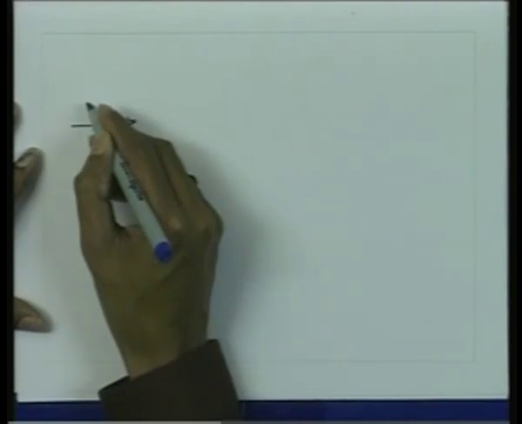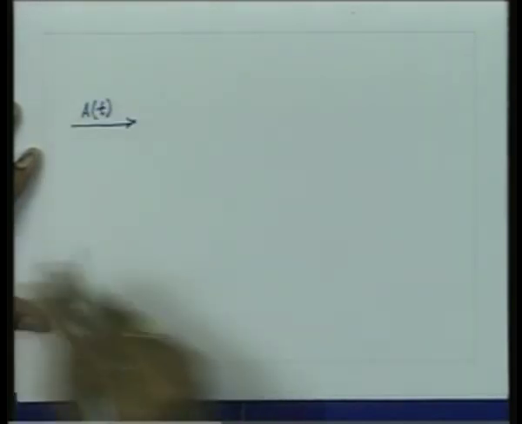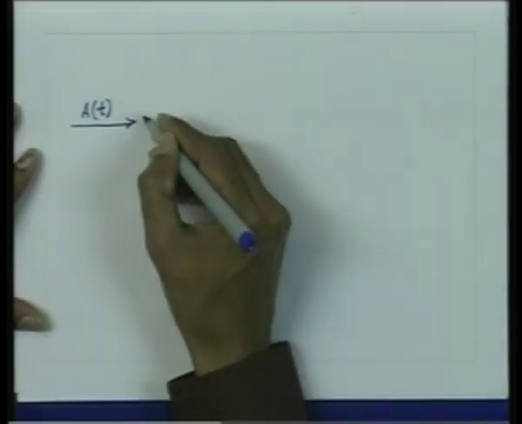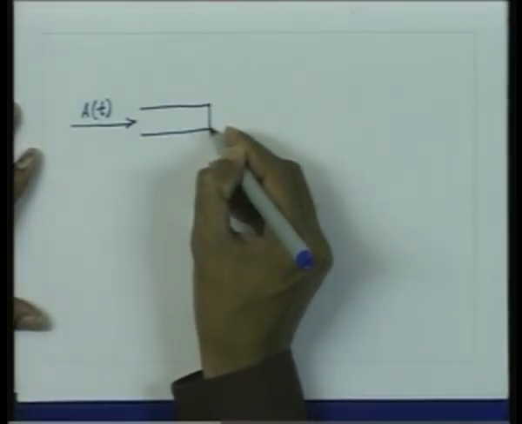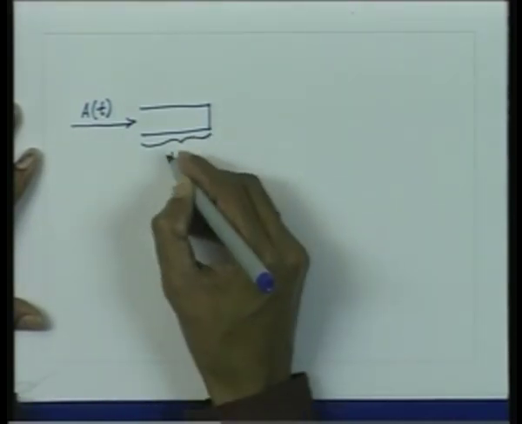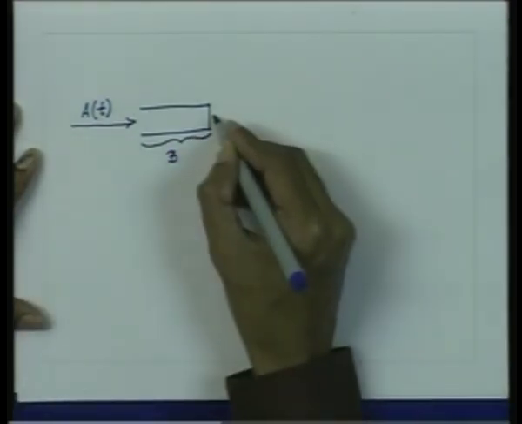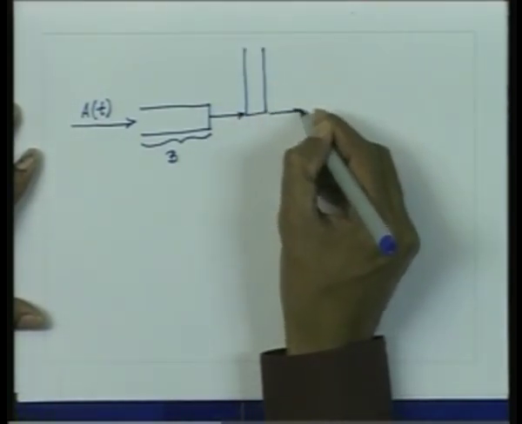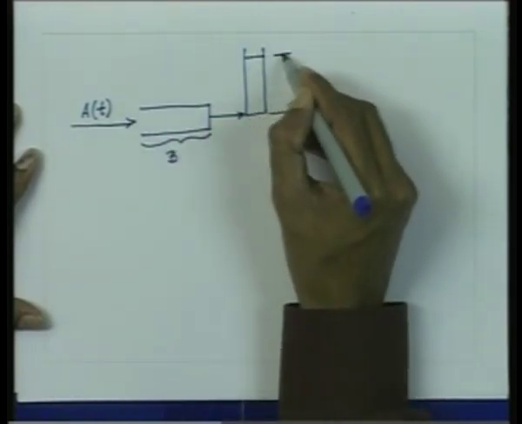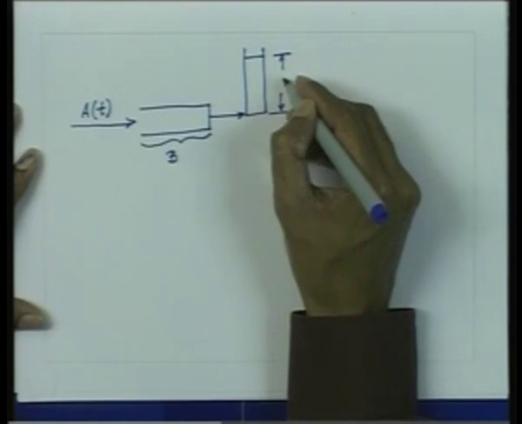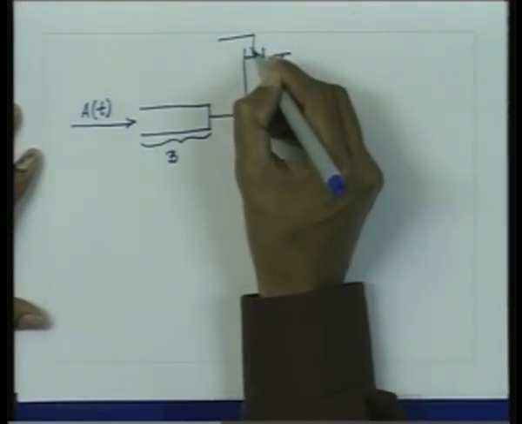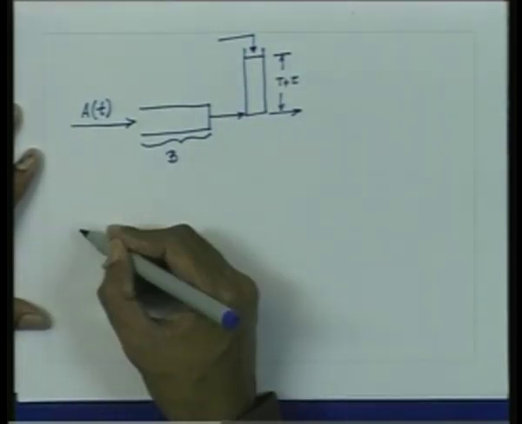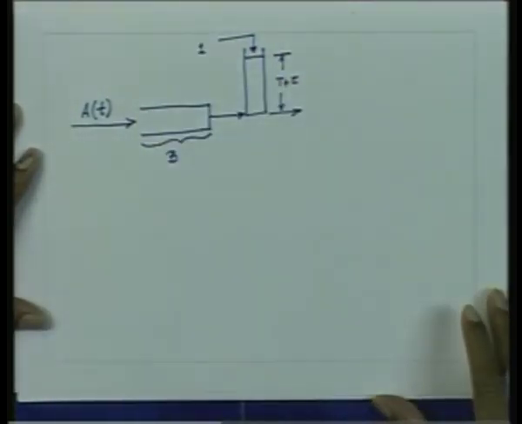What we are assuming is that a traffic source is bursty and is represented by A(t), and it passes through a cell buffer that we had considered previously, and let us assume that the cell buffer has a size of B. Then there is a leaky bucket, which as we had considered has a depth of T plus tau, and the fluid is coming into this bucket at a unit rate, that is, one amount of fluid per unit of time.